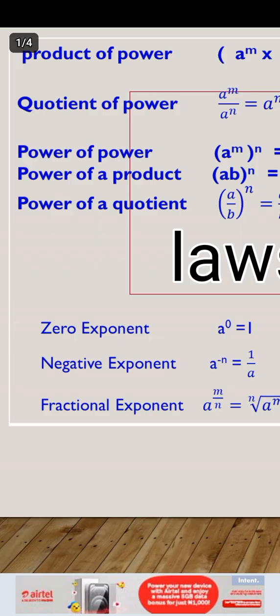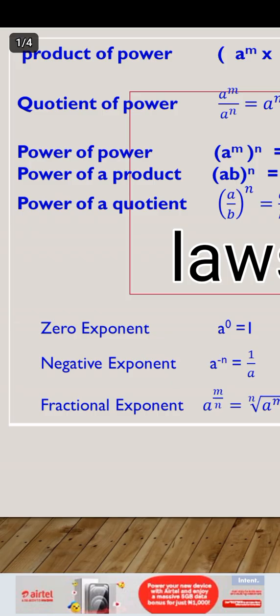Now, the next law is the quotient of power. When we talk of quotient, we're talking about the result of division. So the quotient of power is talking of division, the division law. How do you divide expressions with the same base? That is the division law. Then the next one is the power of power.